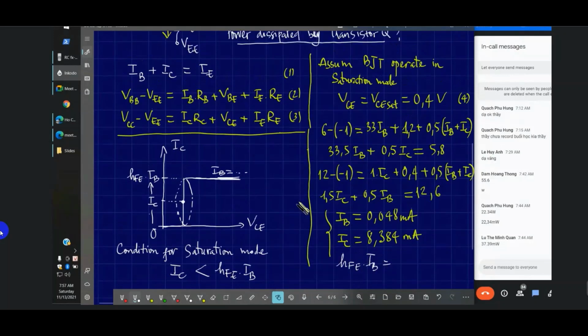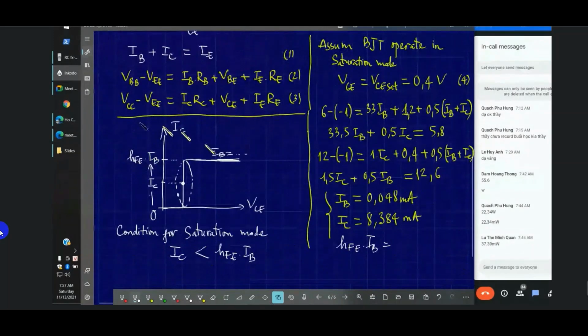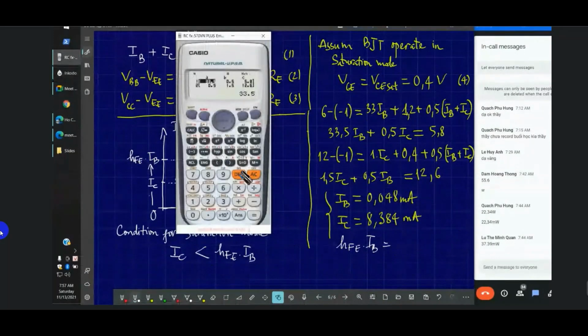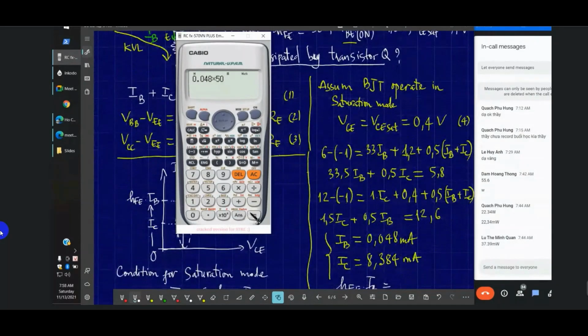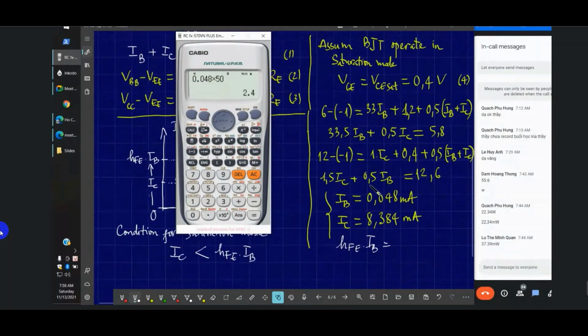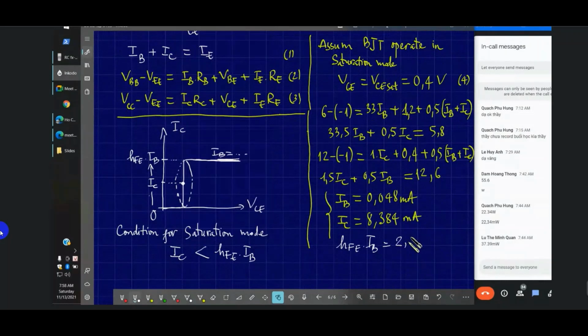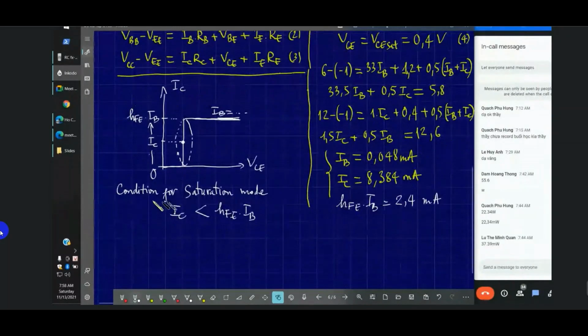HFE is 50, so 0.048 multiplied with 50 is 2.4 milliampere. So this IC is greater than 2.4 milliampere. So the assumption that the BJT operates in saturation mode is not correct, because we do not meet this condition.